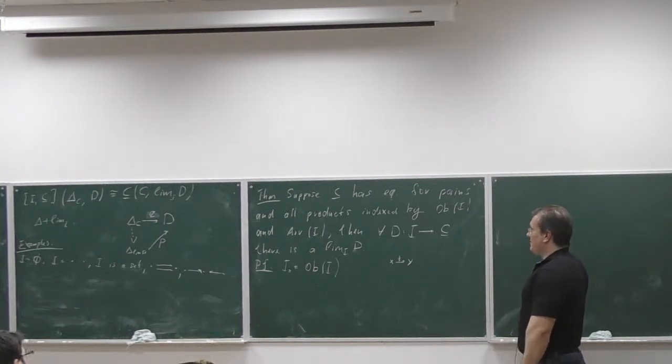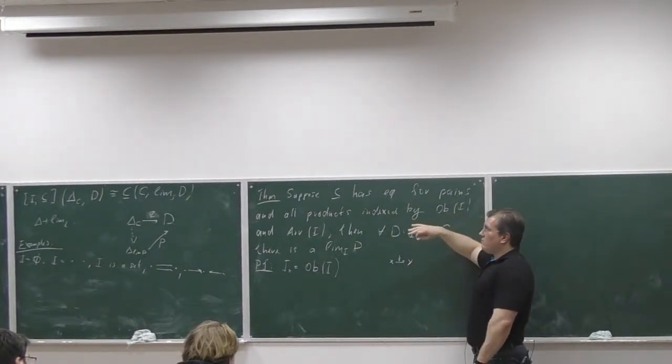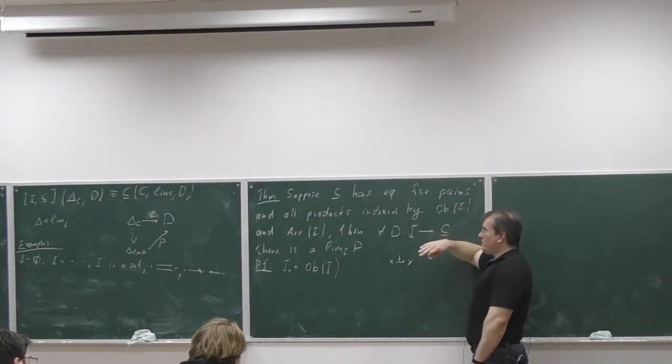So anyway, if you have enough products, then you have all the limits. That's the point. For example, you can formulate this for finite limits: it's enough to have equalizers for pairs and all finite products.